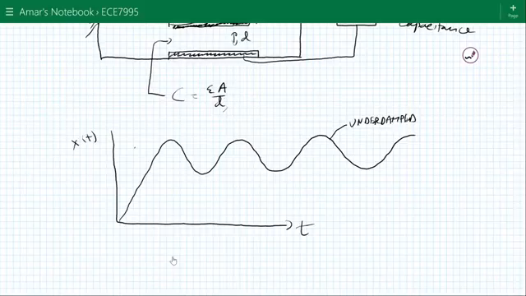And an overdamped system might just look like this, where you displace it at time 0, but then it slowly goes back to 0 displacement. And so this would be overdamped.